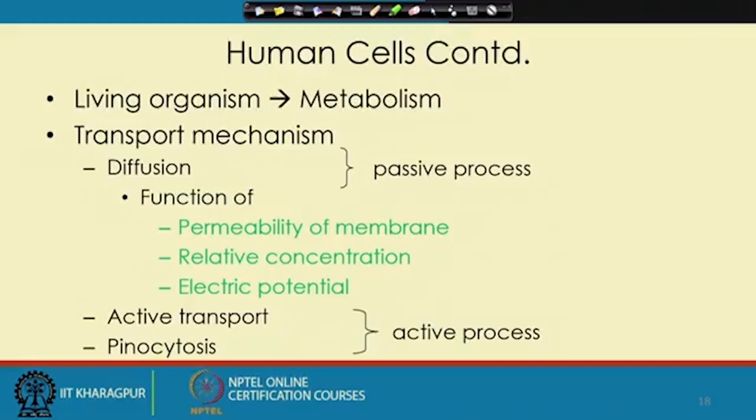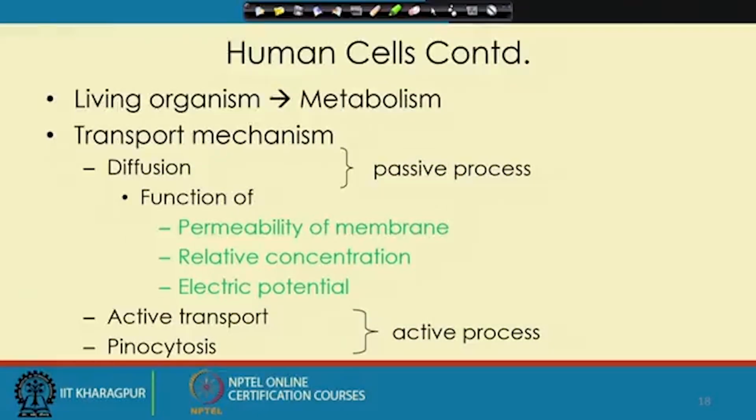After that, to continuously generate that, we need a supply of these two things, the glucose and the oxygen, and also the end product generated out of it, carbon dioxide, we need to get rid of from the body. So, all these things we need to do.